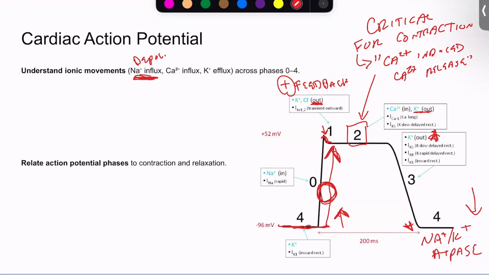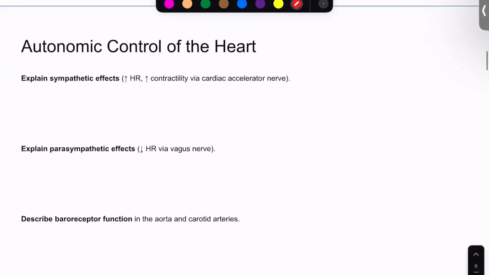Okay. So autonomic control of the heart. So explain the sympathetic effects, the parasympathetic effects, and then the baroreceptor function.